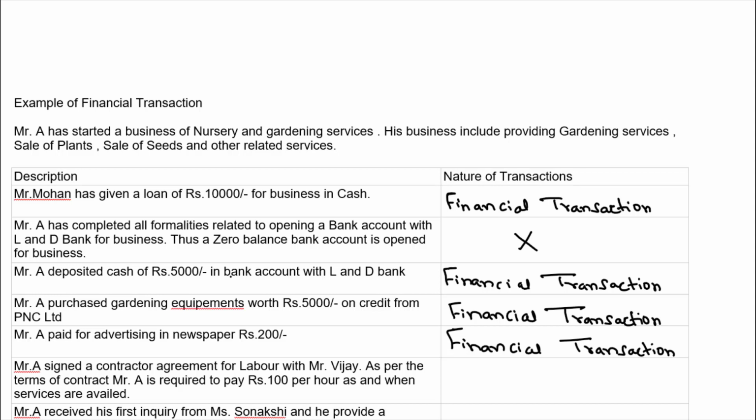So obligation to pay and obligation to acquire his services will arise only when there is some business and Mr. A wants his services, then there will be an obligation for him to pay Mr. Vijay. So, as of now, only contract is signed, there is no financial obligation. So, this is not a financial transaction.